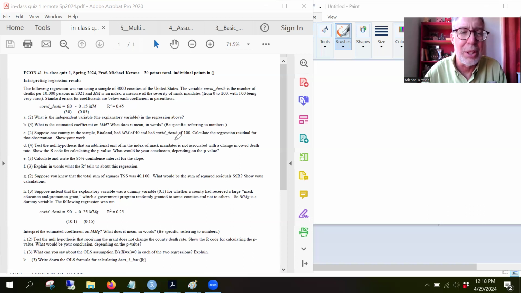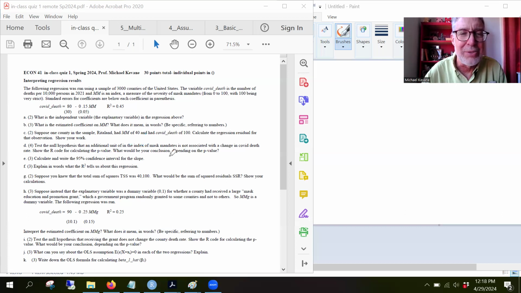So the residual is 26. 100 is her actual number of deaths, and 74 is the county's predicted number of deaths. So the predicted number of deaths, COVID deaths hat, would be 74. So actual minus predicted, Y minus Y hat, that would be 26.